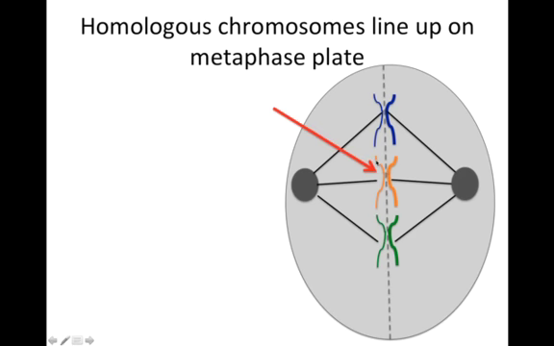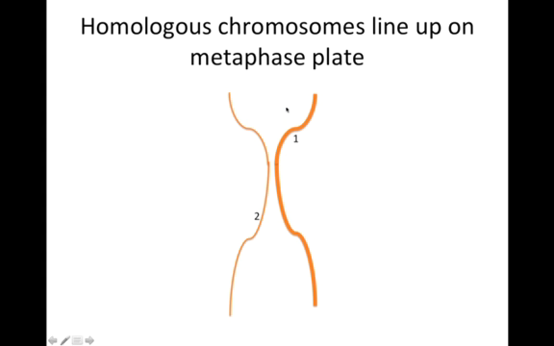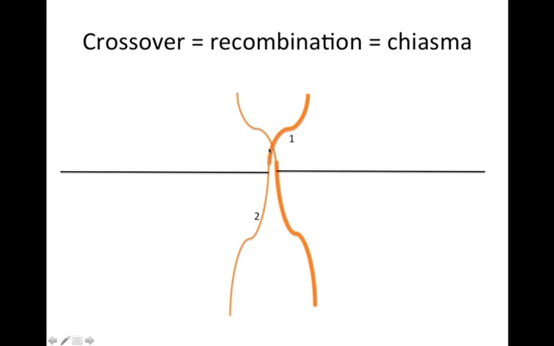So I'll show what I mean here. If we zoom in on the orange chromosomes, we have our mutation 1 here and our mutation 2 here on the other homologous chromosome. What can occur is that we can have a breakage and rejoining event where the top of this chromosome becomes joined to the bottom of this one, and the top of this one becomes joined to the bottom of this one.